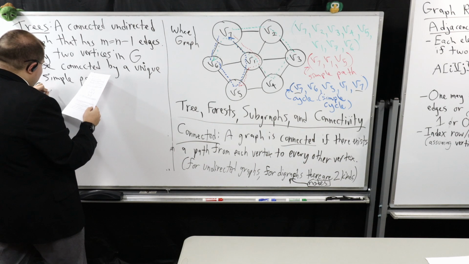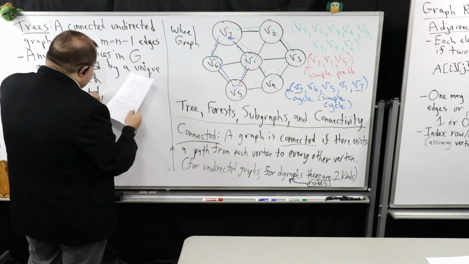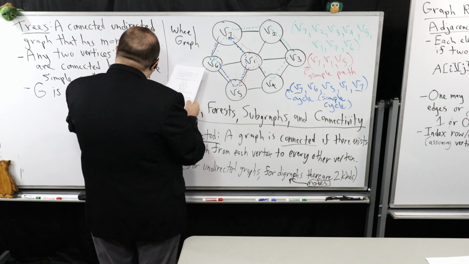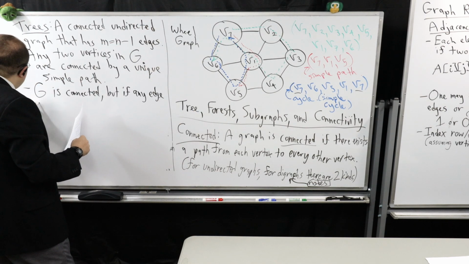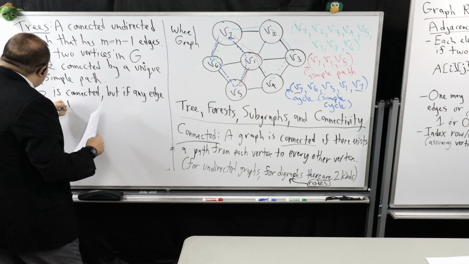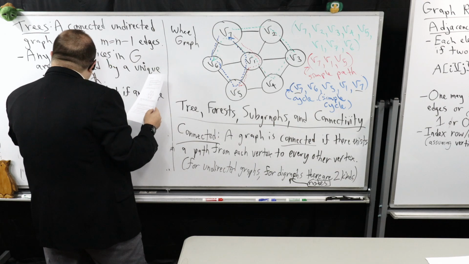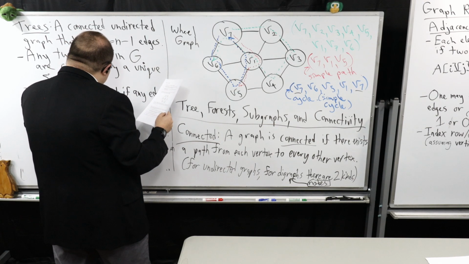So here's another one. G is connected, but if any edge is removed, the induced graph is not connected. I haven't defined this, but I'm just going to give it to you.